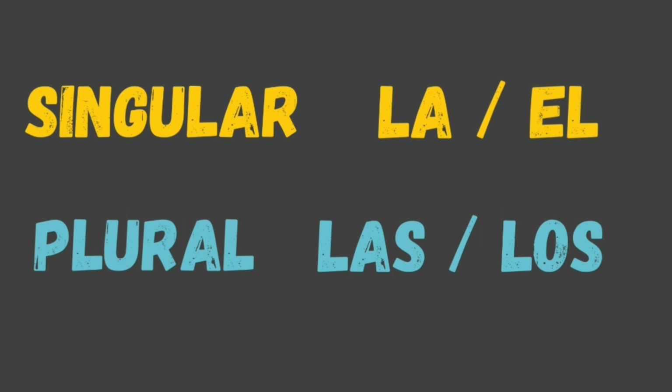Now, if we're talking about male gender in plural form, we're going to use the definite article los. For example, the teachers. If we're talking about male teachers or male and females mixed, then we're going to say the teachers in Spanish, los maestros, okay?